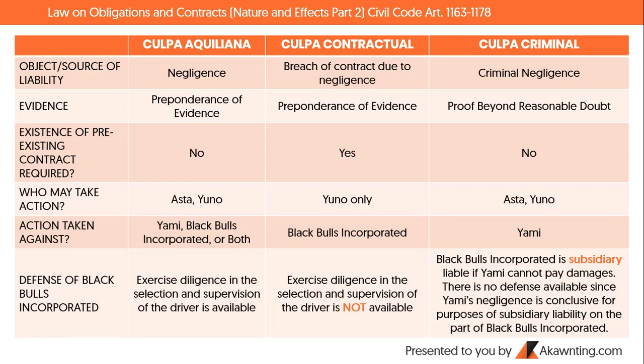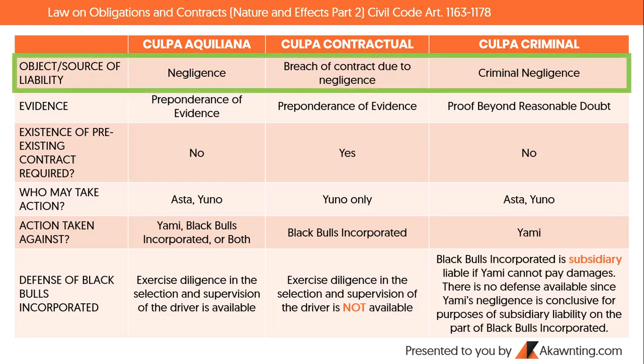So, in here, may mga certain factors tayo na i-consider. So, una is yung object or the source of liability. So, sa culpa aquiliana, the source of the liability is the negligence itself. Okay? So, meaning, our source of obligation in here is quasi-delic.